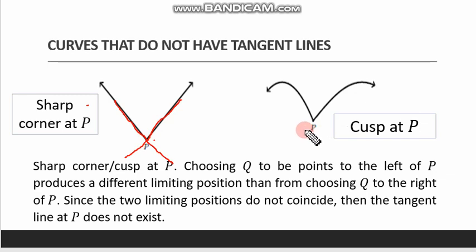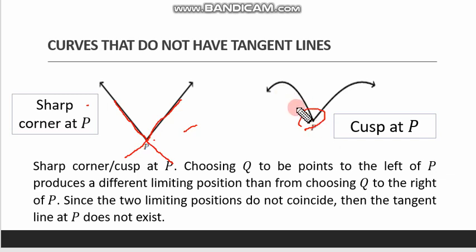The second one is the cusp at point P. Essentially it's the same as a sharp corner, but a cusp is formed when two curves meet at a certain point.